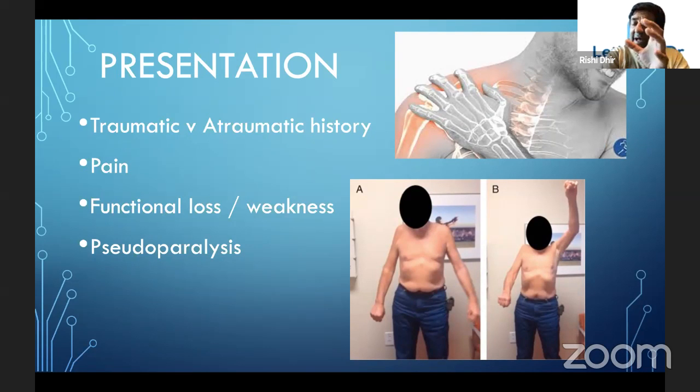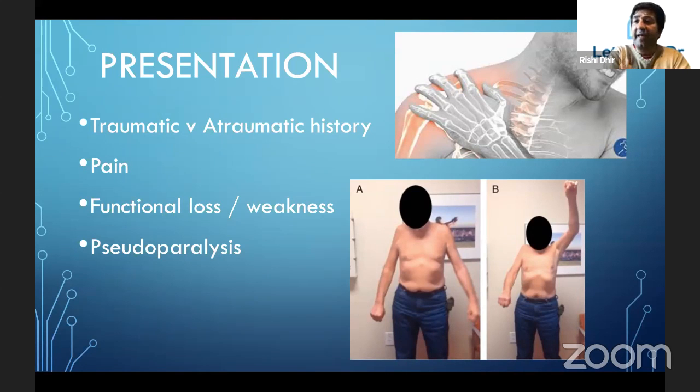They may have a traumatic or atraumatic history, and that's really important because there are two different types of tear patterns that you tend to see. What I would call the younger traumatics who've dislocated their shoulders, and I've got a much lower threshold to treat those operatively, or the elderly degenerates, where it's just an insidious pain that occurs over time as the tendon gets more and more frayed until it eventually tears.